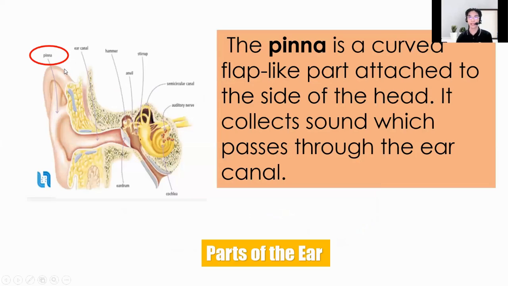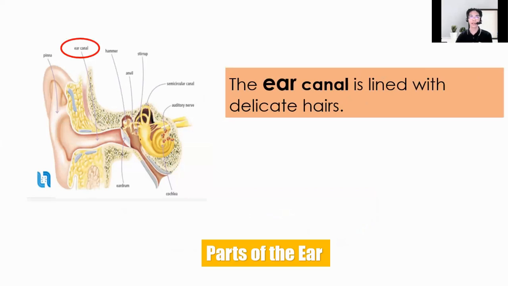Take a look at the pinna. The pinna is a curved flap-like part attached to the side of the head. It collects sound which passes through the ear canal. The ear canal is lined with delicate hairs.